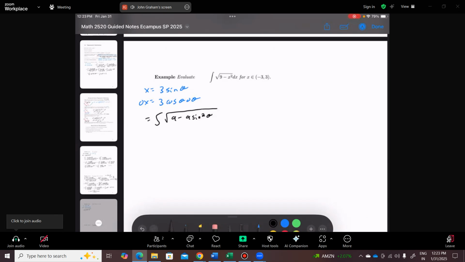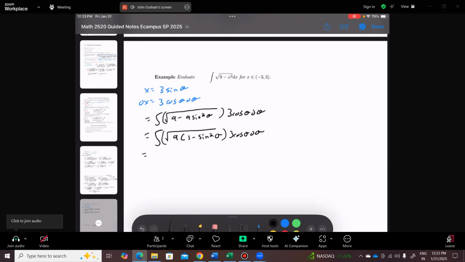And then dx is just 3 cosine d theta, so we'll have that on the outside. 3 cosine theta d theta. A little bit different than what we've done because we're not dealing with the denominator here. I don't know if that's going to be easier or harder. So we have 9 times 1 minus sine squared theta, and 3 cosine theta d theta.